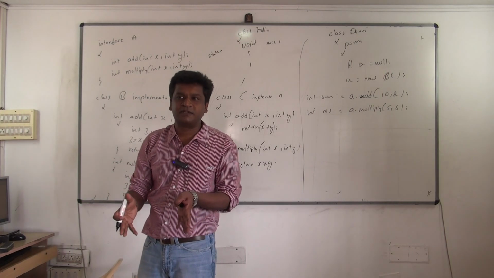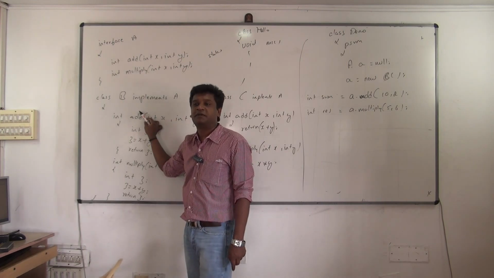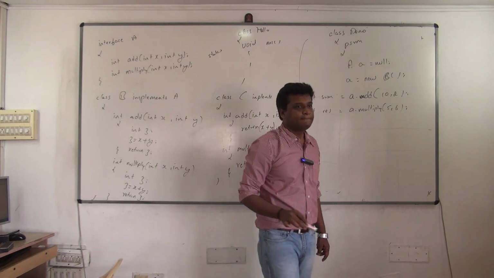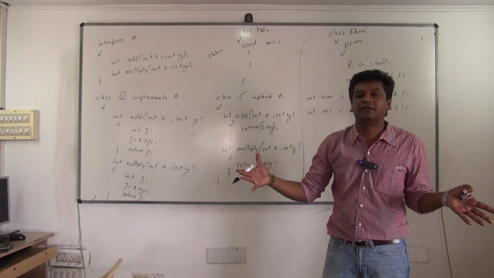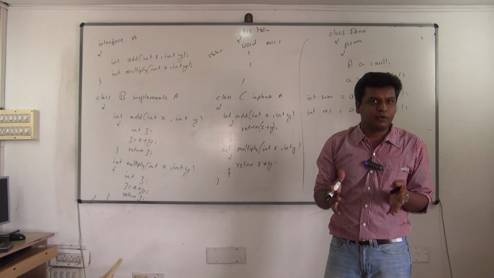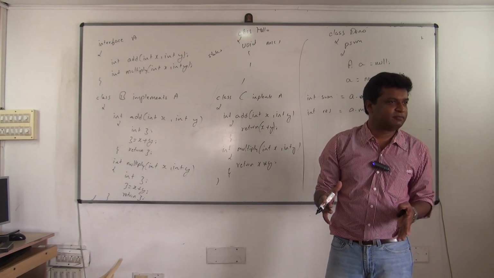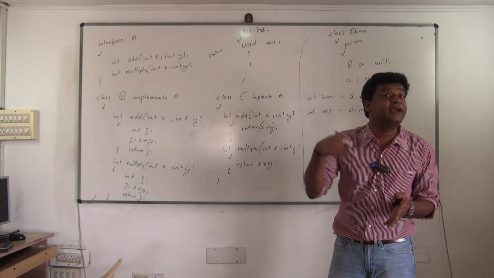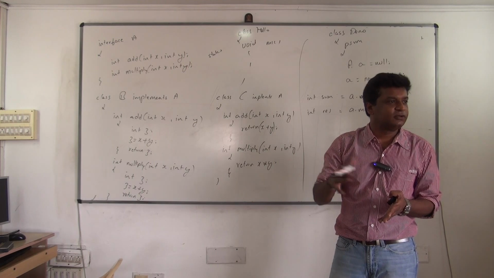But in an interface, declaration happens in one place and implementation happens in another place. Understood? So abstract methods help you in decoupling declaration and implementation of methods, and they help in setting standards for other classes to implement.